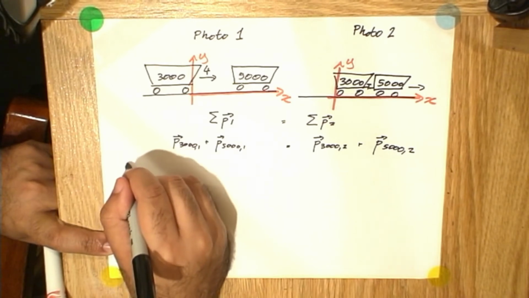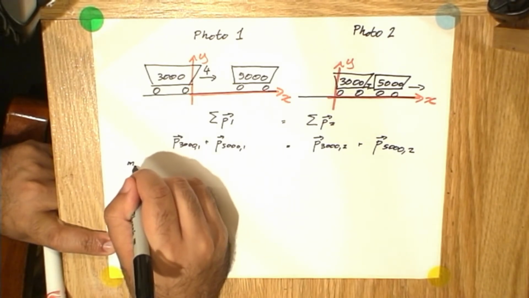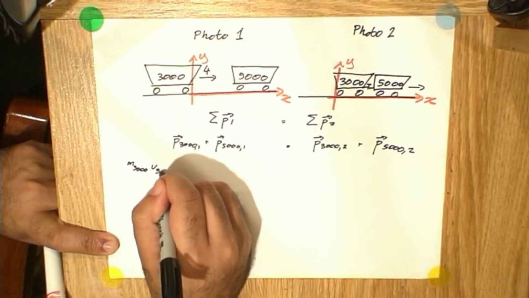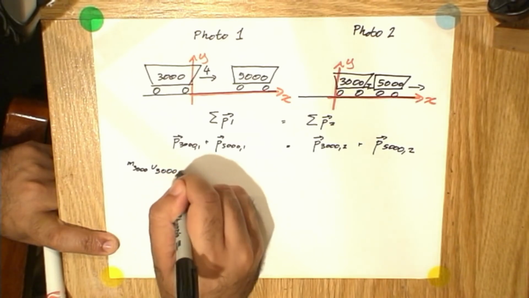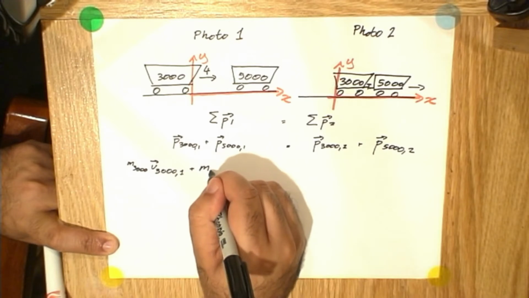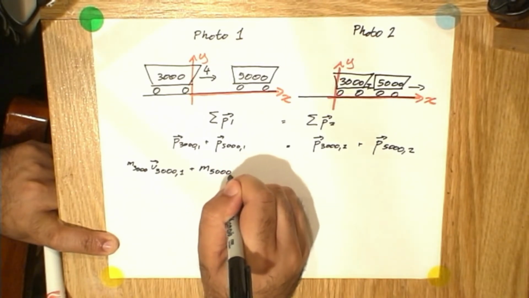Momentum is equal to mass times velocity. So that's mass of the 3,000 times velocity of the 3,000 in photo 1 plus mass of the 5,000.